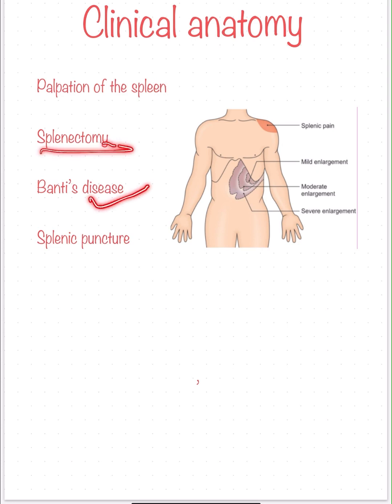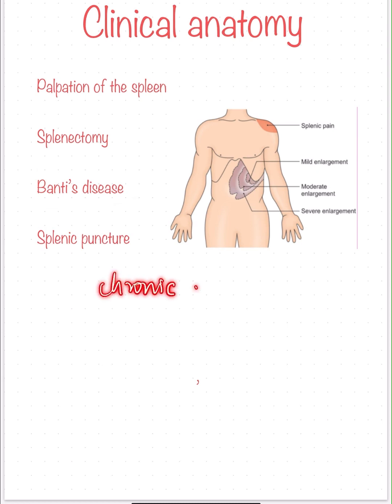Coming to Banti's disease, it's a chronic congestive enlargement of spleen. It results in premature destruction of red blood cells.